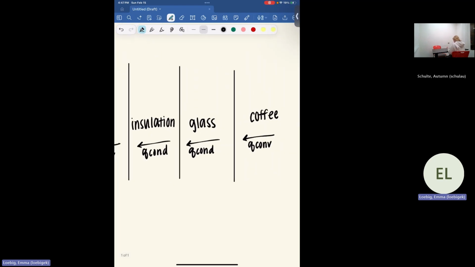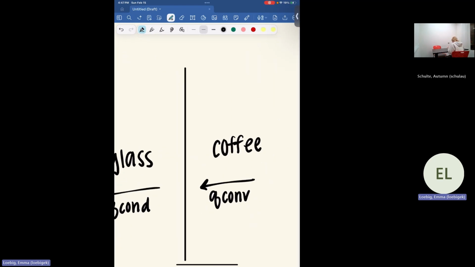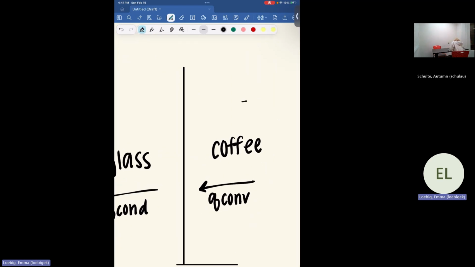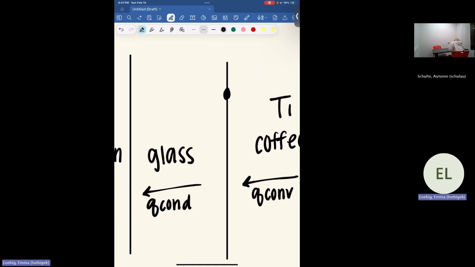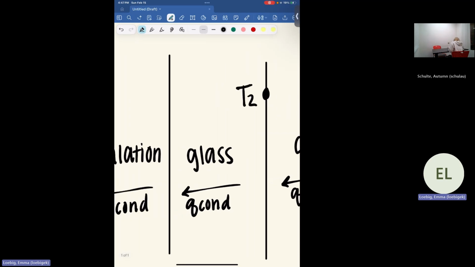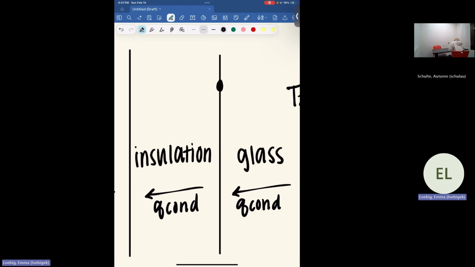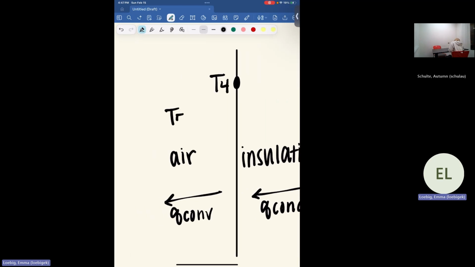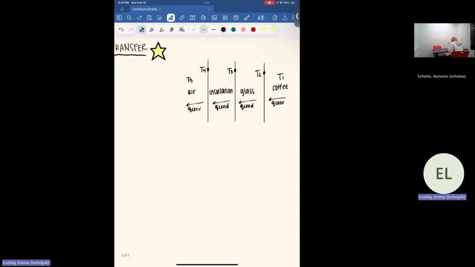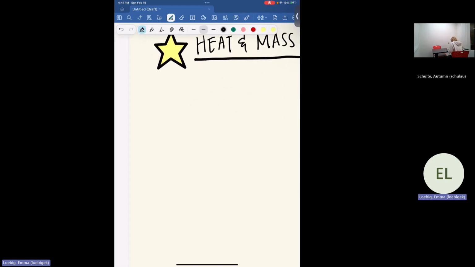This time, when I am talking about our temperatures, I'm going to label the temperature of coffee as T1, the temperature at this surface as T2, the temperature at this interface between the solids as T3, the temperature at this surface as T4, and the temperature of the air as T5. And we said that at steady state all of these convection and conduction terms were equal to each other.